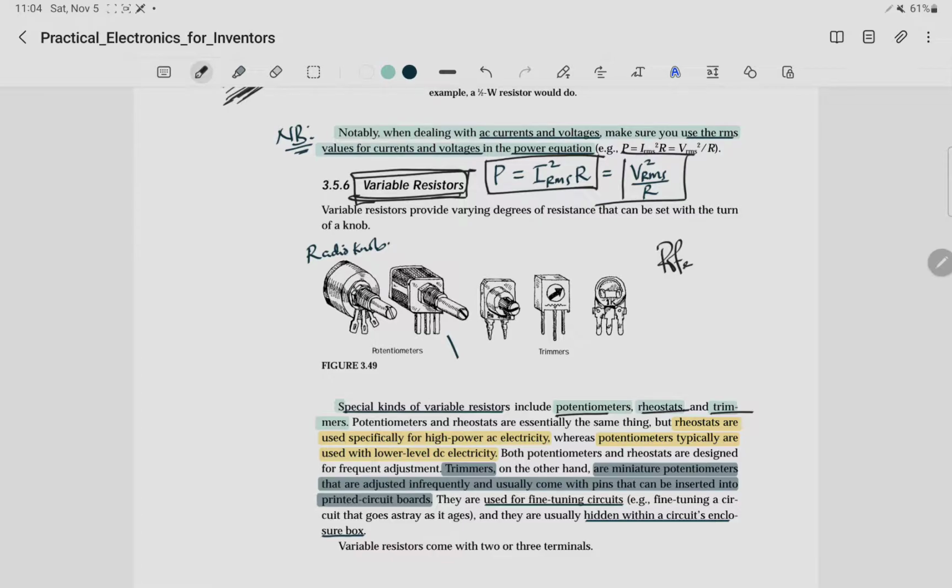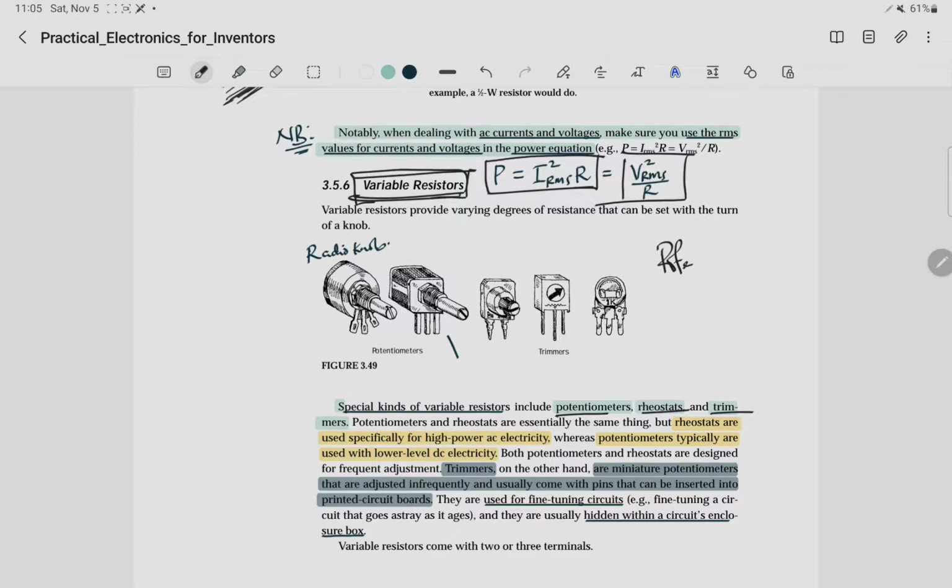In most cases, you can solder them onto your circuit boards, and in most cases your circuit board is enclosed, so they are not really meant to be adjusted frequently, but they are used for fine-tuning circuits, and they are usually hidden within a circuit board enclosure. So that is basically what trimmers are. They're just miniature potentiometers, and they are found in the printed circuit board, which is in most cases enclosed in a device.